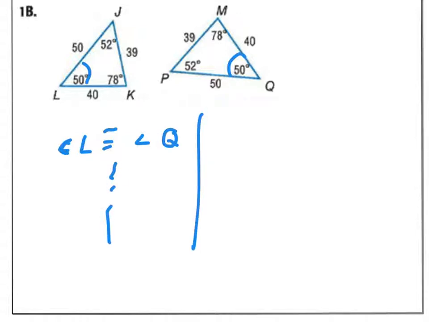Then when I do the sides, I would do like LK is congruent to its buddy. Where's the other 40? Right there. So now it's either QM or MQ. I'd like to keep things straight, so I'm just going to write an MQ and check my work and see if I'm right. The L was 50, so the M better be 50. Let's check.